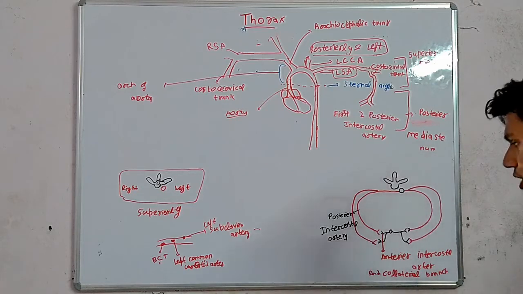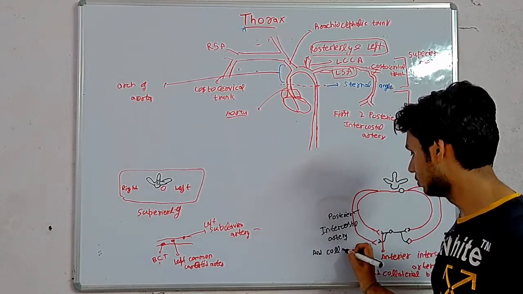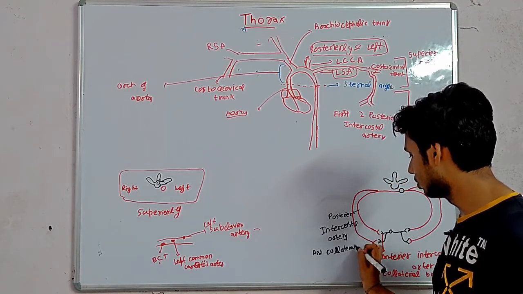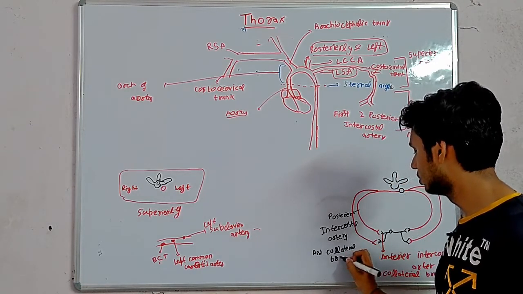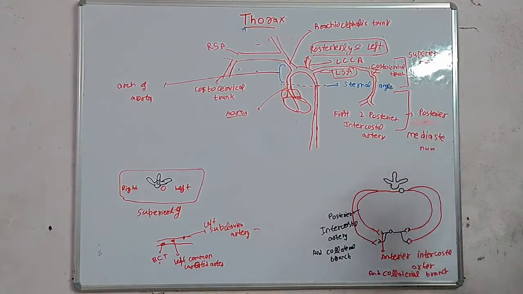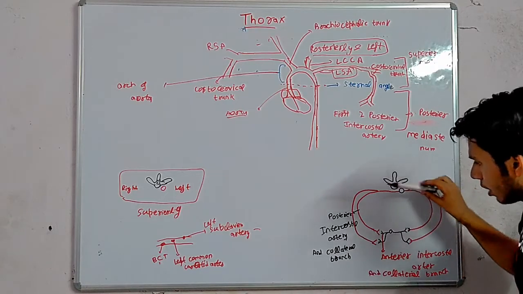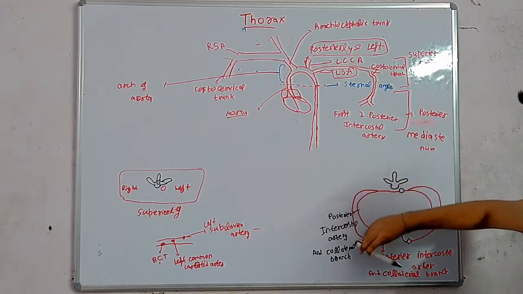Same here, posterior intercostal artery and collateral branch. Done. Anterior, posterior, collateral branches. So now take the important thing. The aorta is present on the left side. So the right intercostal artery has to pass the vertebra and then come laterally in front, then anteriorly.